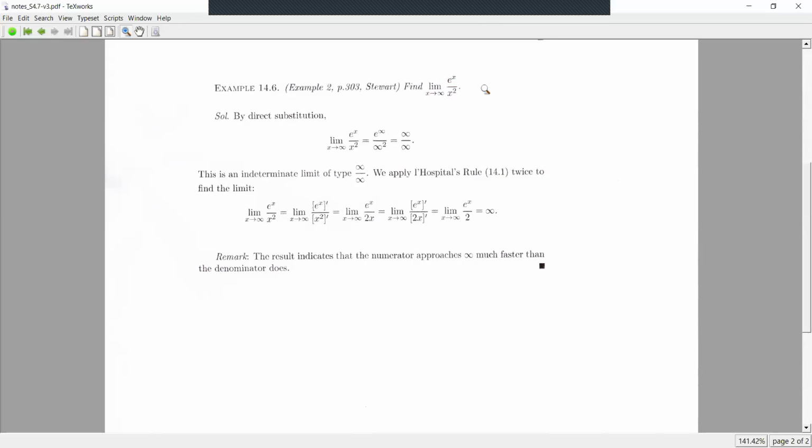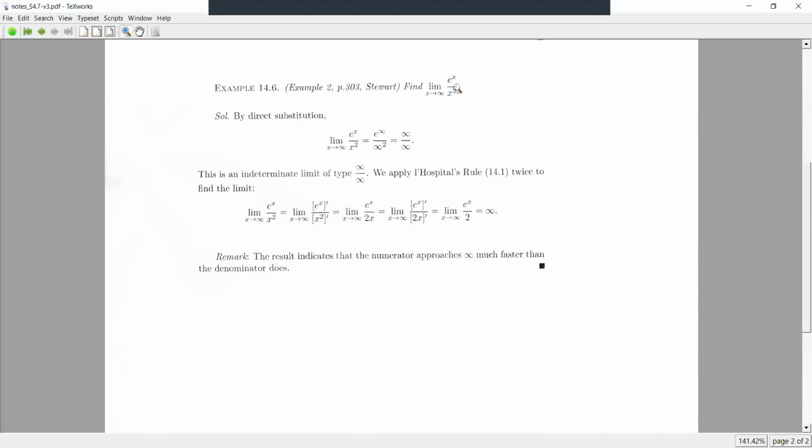This limit is infinity. That means that as x approaches infinity, e to the x approaches infinity much faster than x squared approaches infinity. So the ratio approaches infinity.